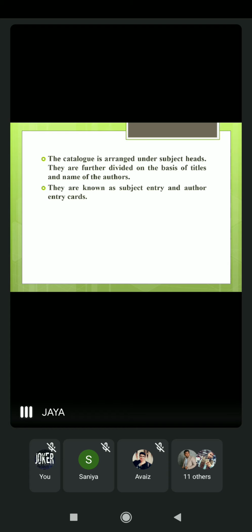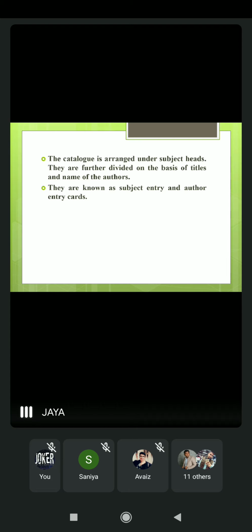For example, for A, arbitration act, arbitration law textbook. For B, banking law. For C, company law or civil procedure code. For D, drugs and cosmetics act, and then electronics act, or environmental law.